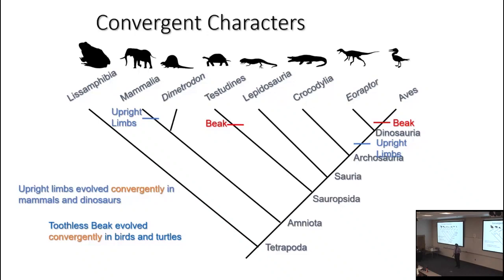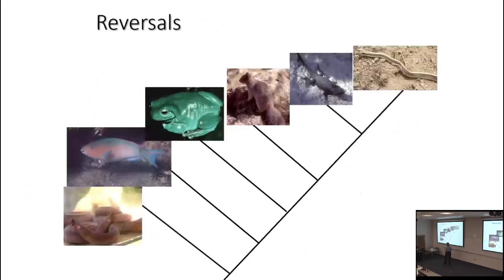Because, to be fair, when you're first seeing it, you don't decide that they're convergent. You recognize toothless beak, and you code them into your analysis as if they're equivalent. And then it's the weight of the evidence that shows that it evolved independently in turtles and birds. And then a special type of convergent character are reversals.